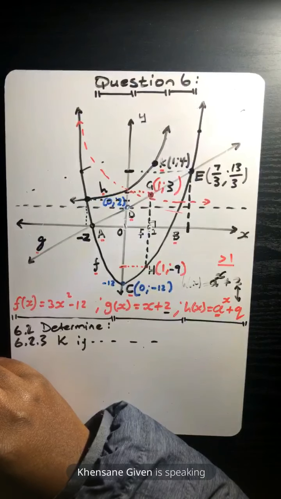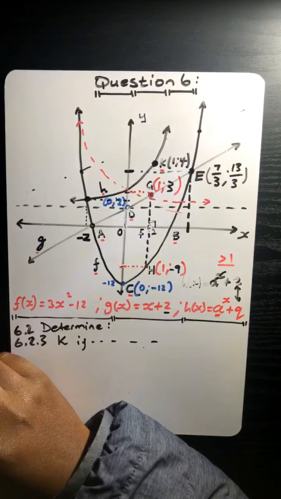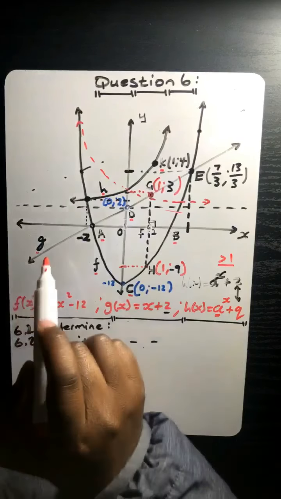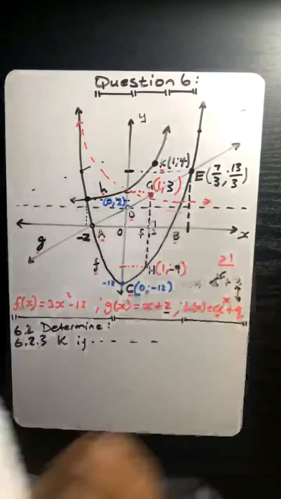I think the G for X, but yeah, G for X. So to rotate G about the x-axis.